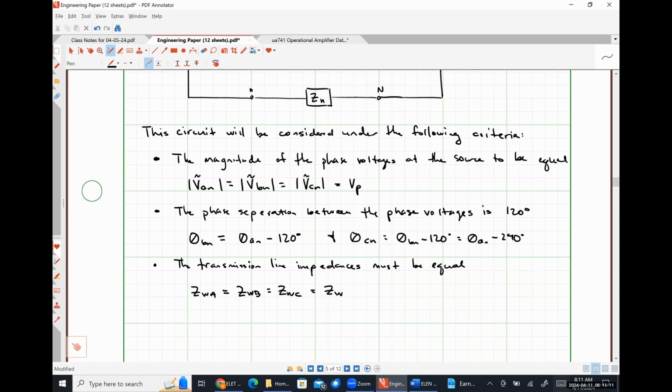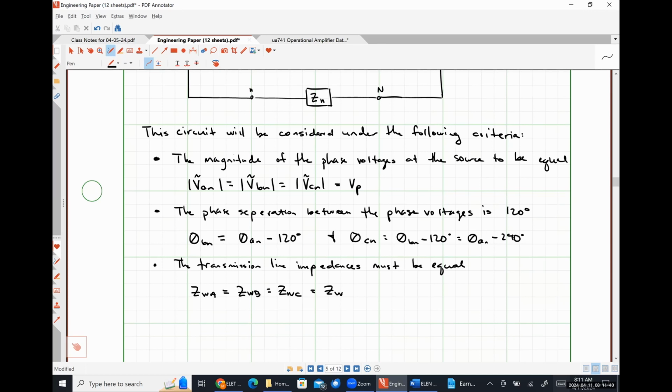So let's talk about what it would take for these transmission line impedances to be equal. Anybody have any thoughts on that? So I'll get to that in a second, but you're 100% correct. I intentionally did not include the impedance ZN here. So when I'm talking about my transmission line impedances, I'm talking about the things that are connecting the A phase of the source to the A phase of the load and so on and so forth.